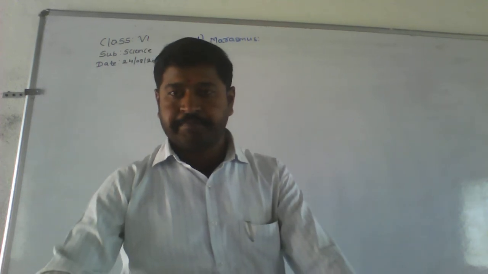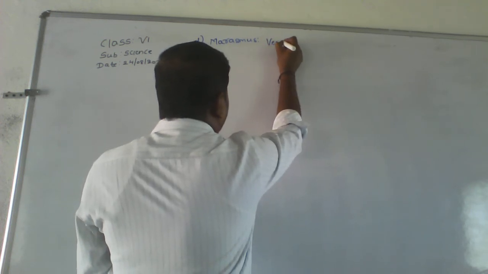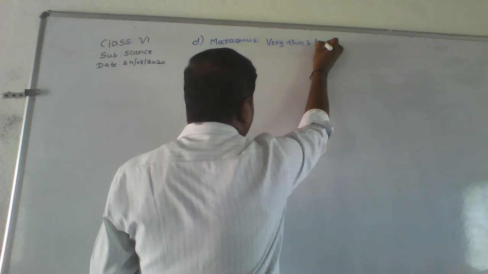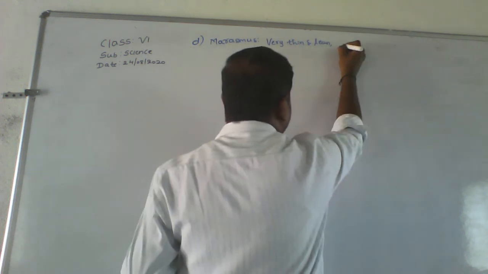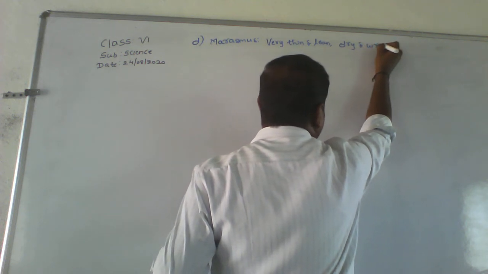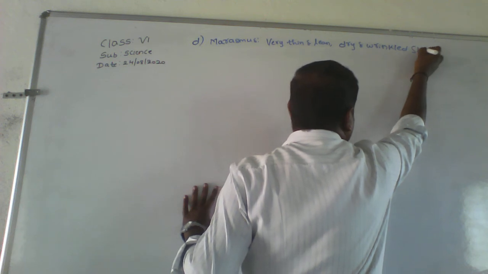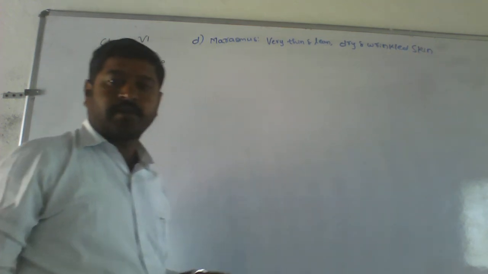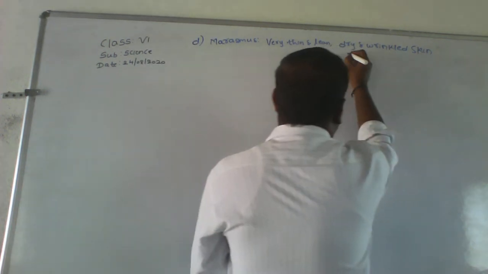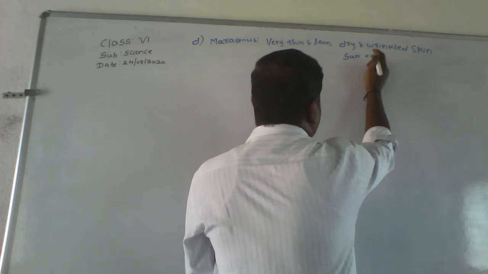Very thin and lame, then dry and wrinkled skin, then sunken eyes.